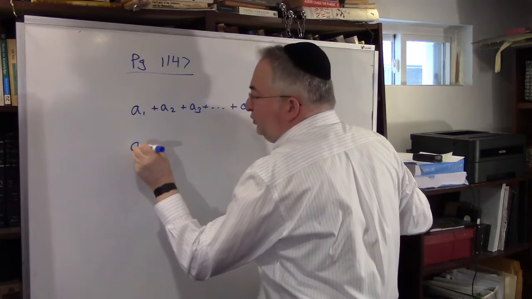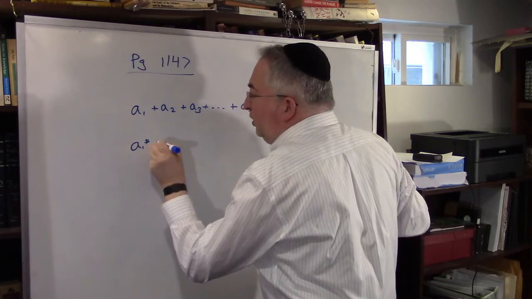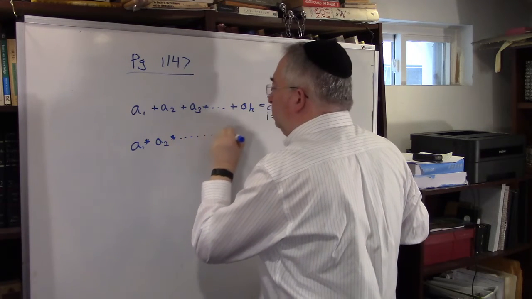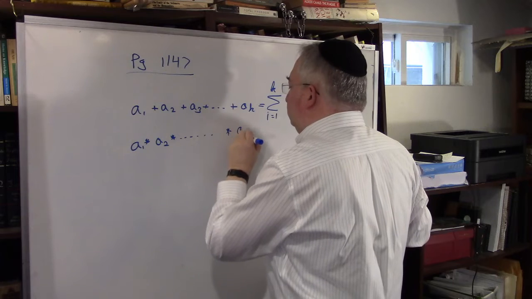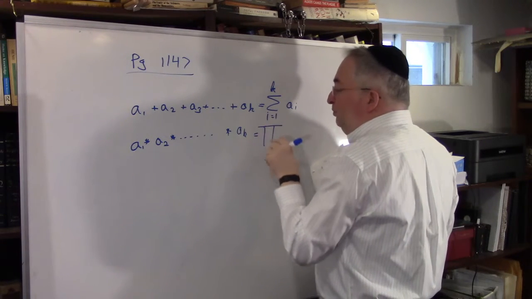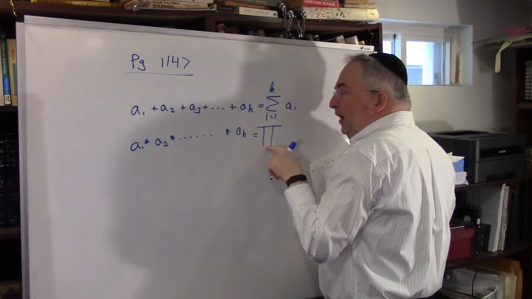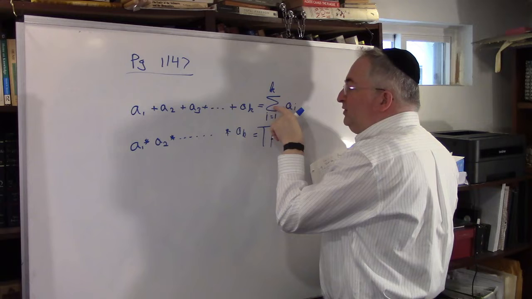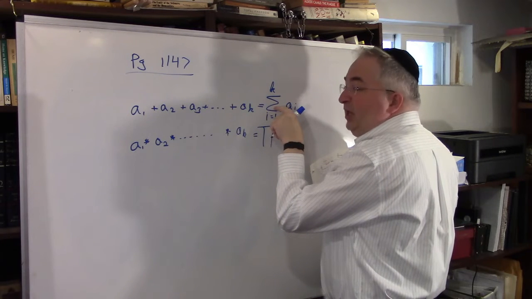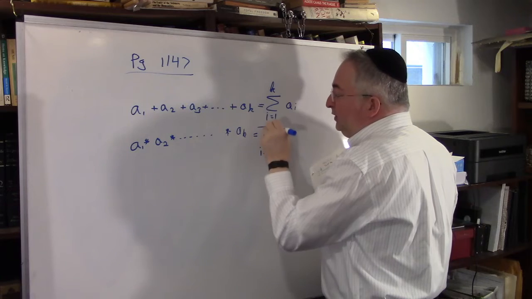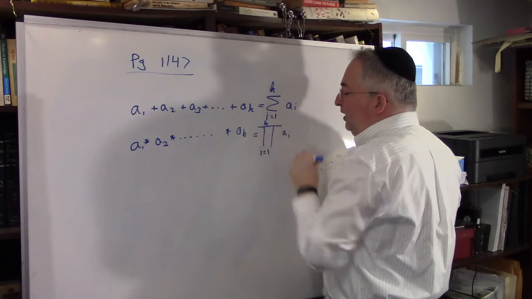And if we want to talk about multiplication, we have another symbol. We do capital pi. This is capital sigma. I told you Greek is a prerequisite for this class. Sigma for sum, pi for product. Multiplication is product. Okay, so this is a_i.